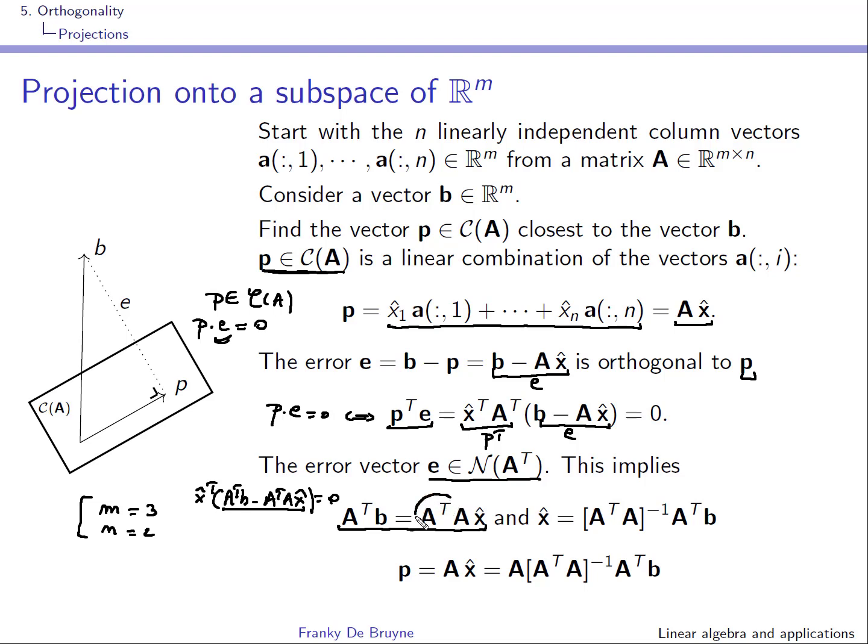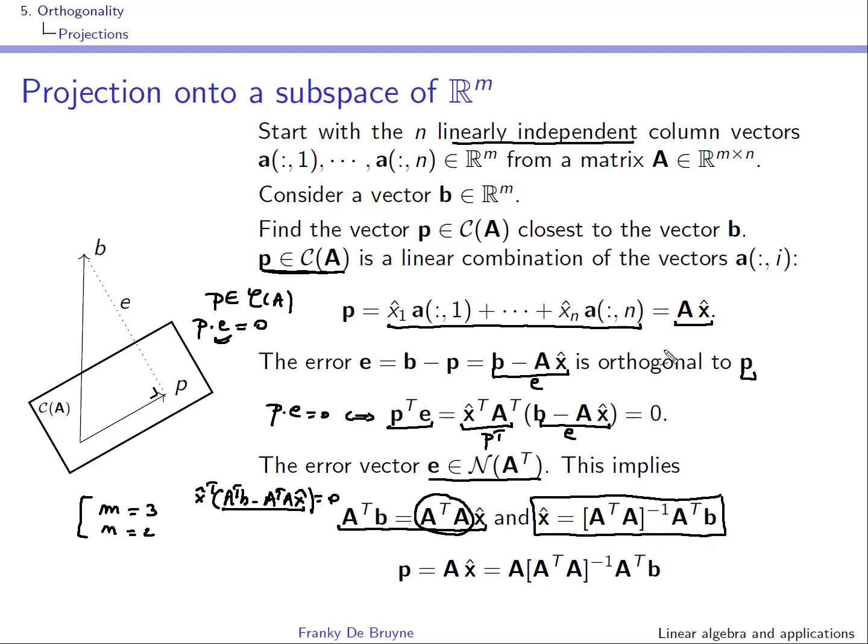This is a matrix that is square. We have seen this previously, and since the columns are linearly independent, this matrix has an inverse. So we can compute X hat using this equation over here.